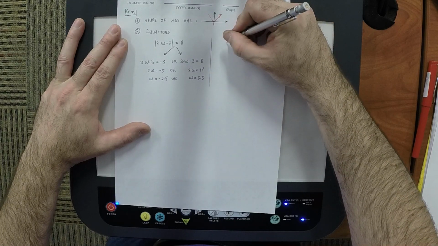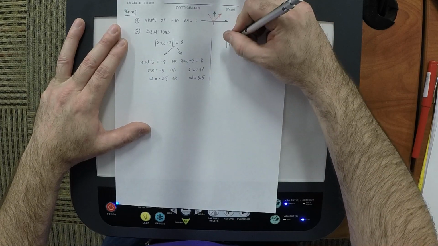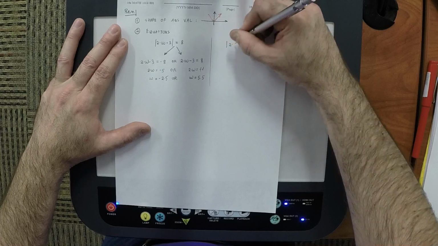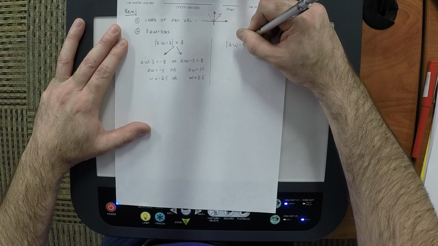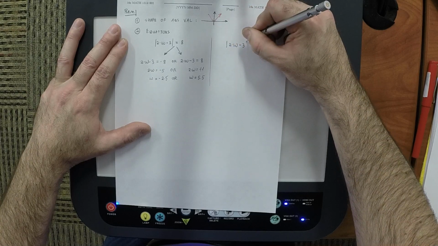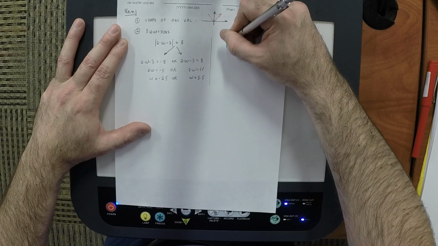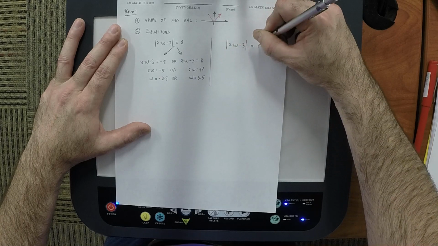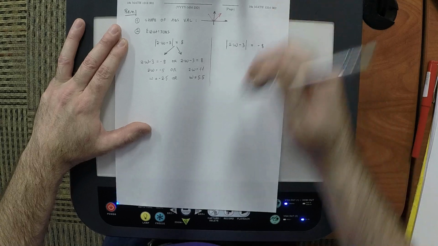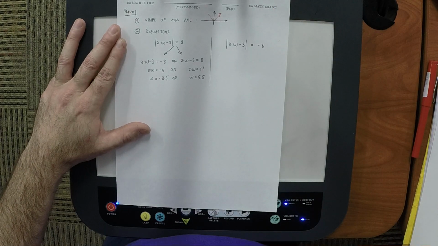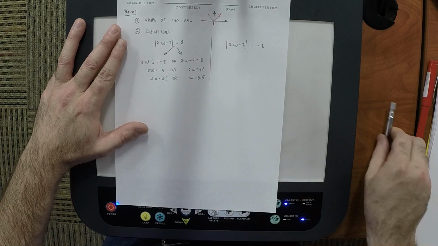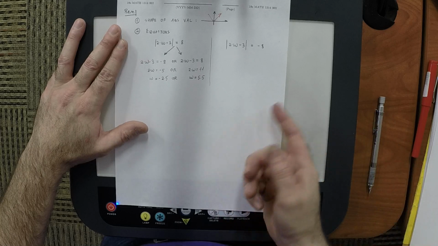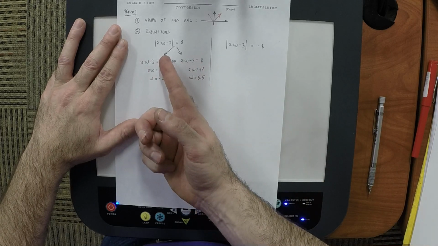A visually similar question, but with a strikingly different answer, is what if we look at the absolute value of 2w minus 3 equal to negative 8? Please solve that. That equation visually looks very similar to the one to its left.